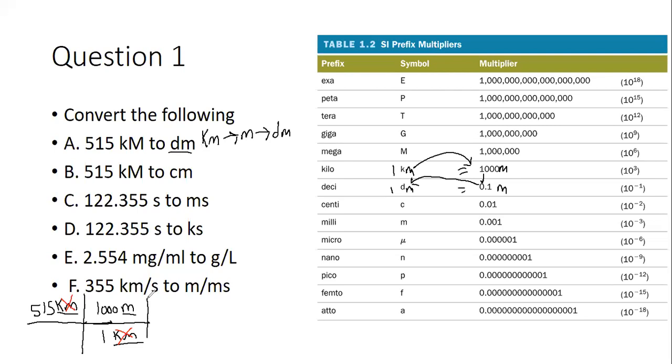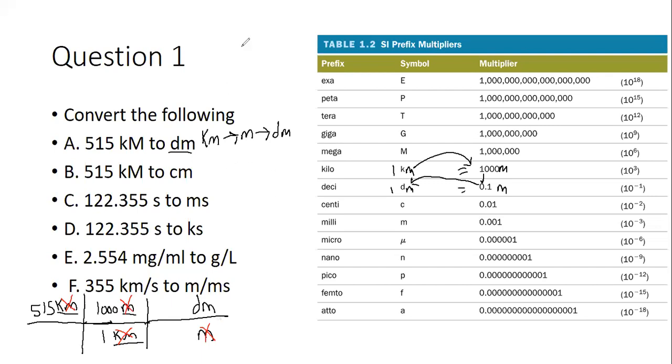So I need to make another track. And I'm going to convert between meters to decameters. Again, the logic is I have meters at the top. I don't want to be in meters, so I need to cancel meters out. The way to do that in this method is you put the unit of meters on the bottom. They cancel out, and I'm left with decameters at the top.